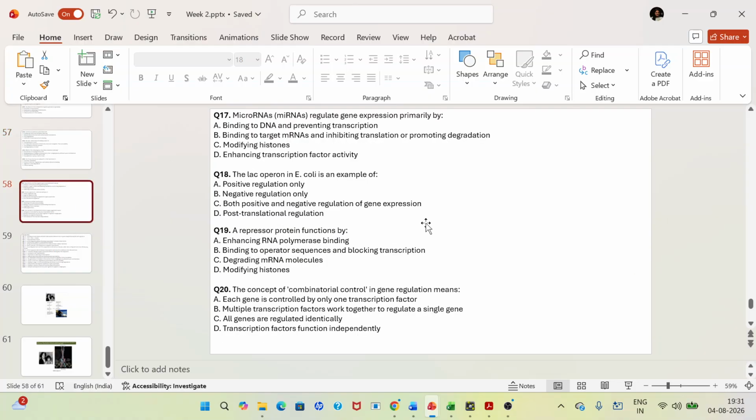Okay, so some last questions. MicroRNAs regulate gene expression primarily by, if anyone knows about microRNAs, otherwise I'll tell the answer.